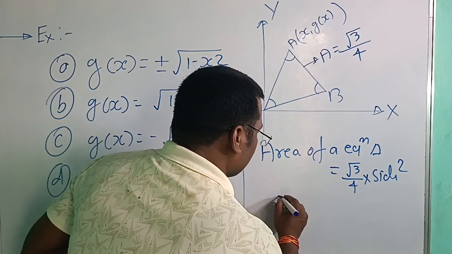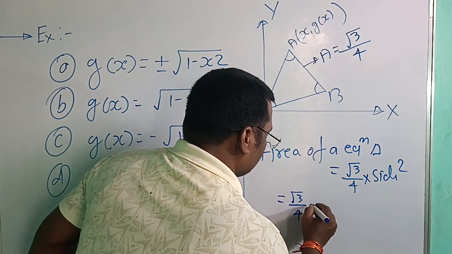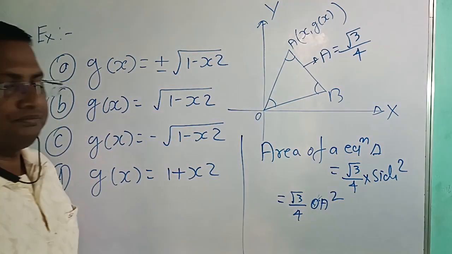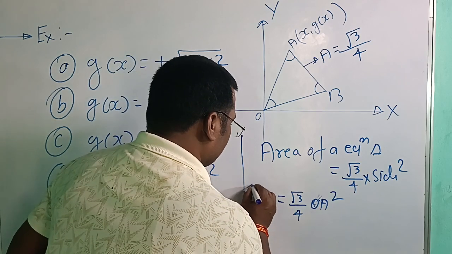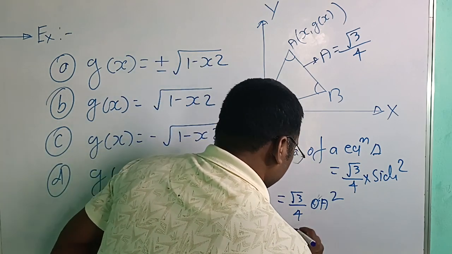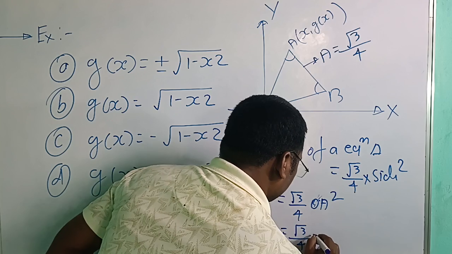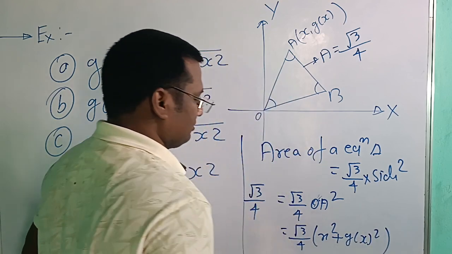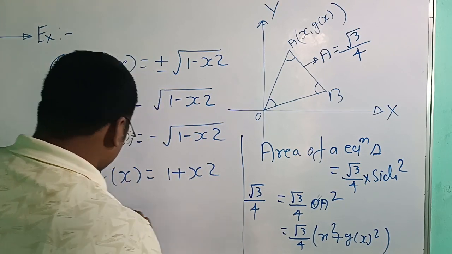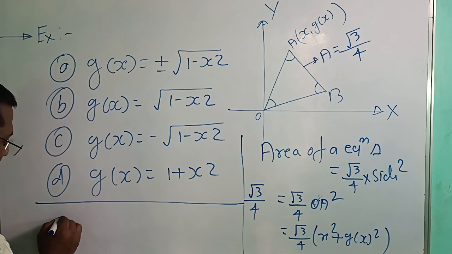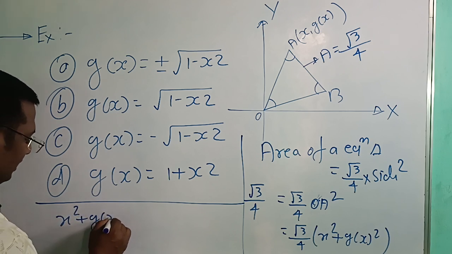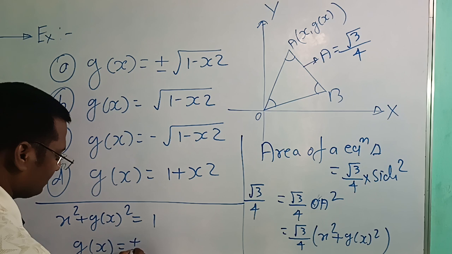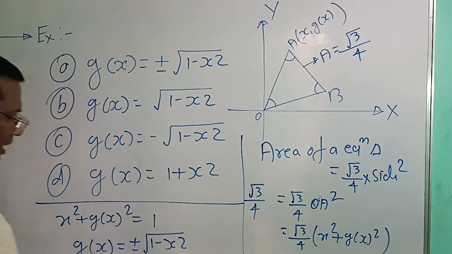So you can say root 3 by 4 into OA square, which is equal to root 3 by 4 into x square plus g(x) square. So on solving we get x square plus g(x) square equal to 1. So g(x) equal to plus minus root under 1 minus x square.